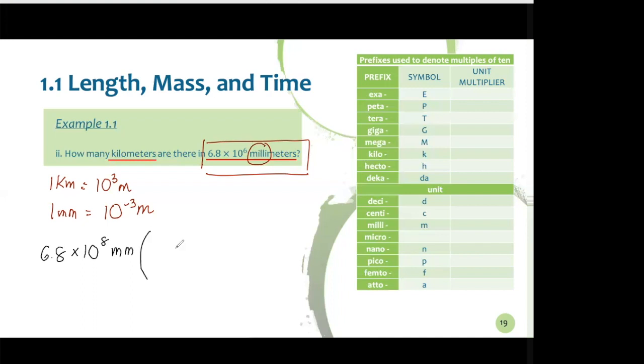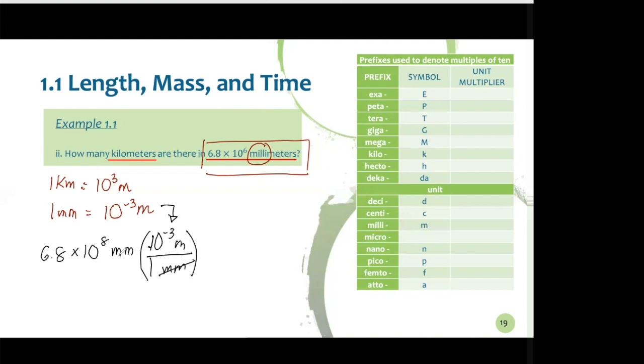Now I want to take out the millimeter, so I will use these conversion units. So I will have 1 millimeter and 10 to the negative 3 meters.